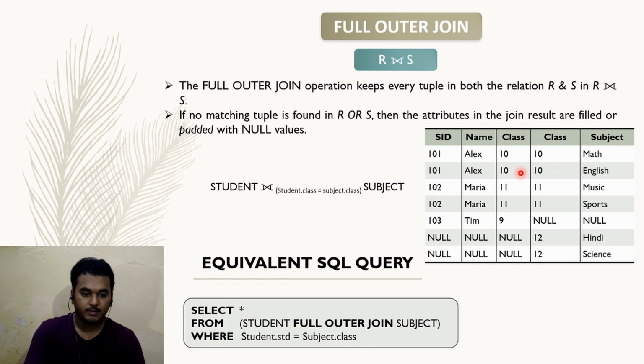Here in the resultant relation, we can see that all the tuples of R as well as S are displayed, and those which don't have a matching tuple in either relation are displayed with null values, as you can see here. The equivalent SQL query would be select star, and we would use the full outer join keyword to perform the full outer join operation with the where clause specifying the joining condition.